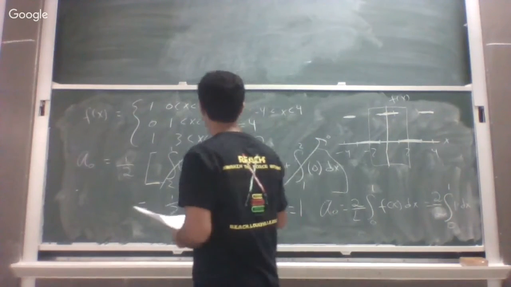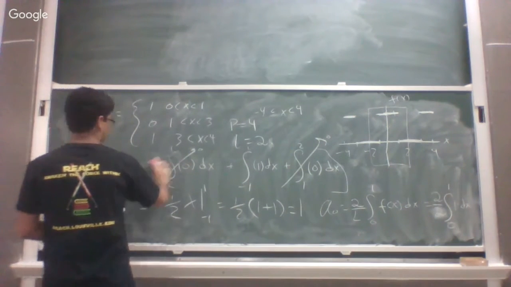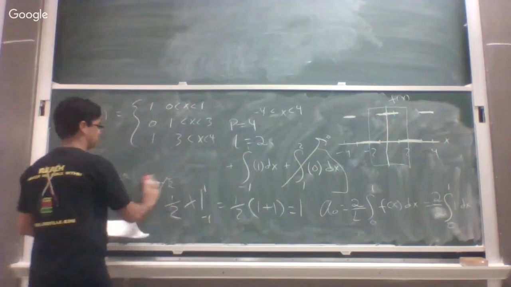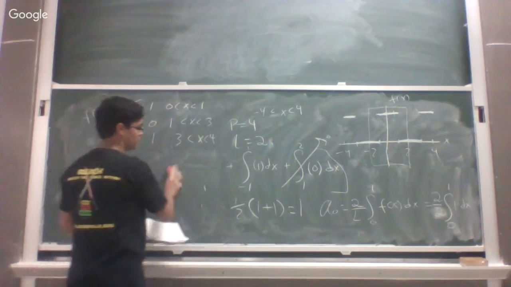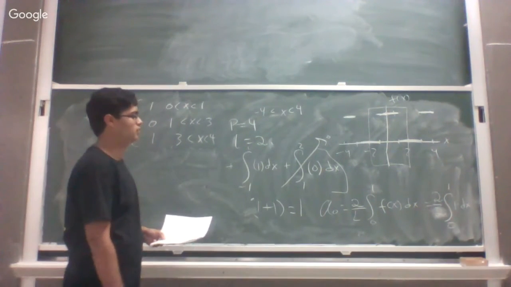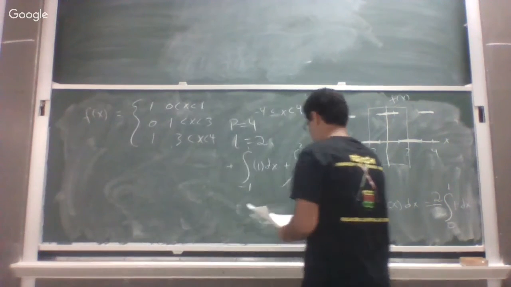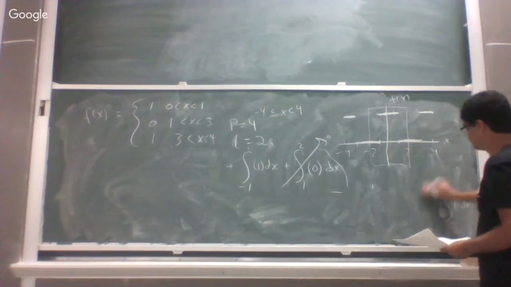What is our b sub k value? 0. Why is it 0? Because it's even, right? Yep. Is that all we have to do? Can we just write 0 as even? Yep.